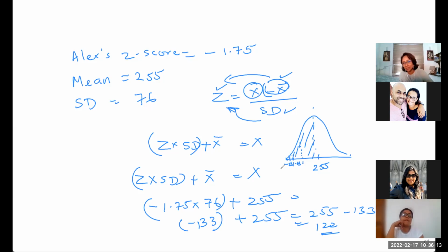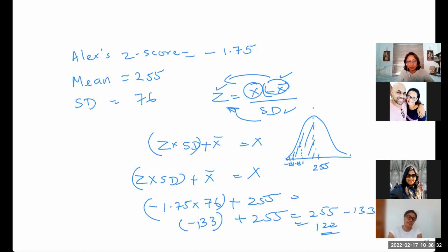It's a minus score, which means it's below. Can you see now how that has worked out? I hope that was clear. 122 was his original score.